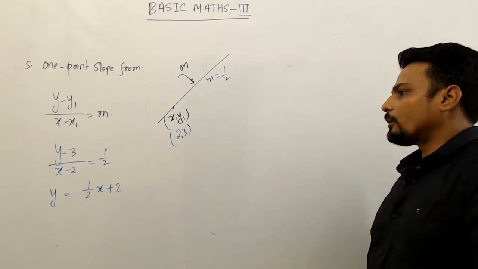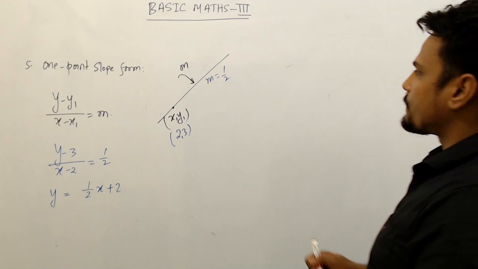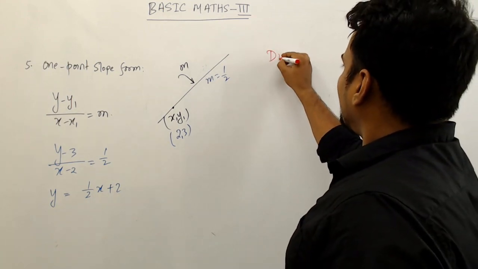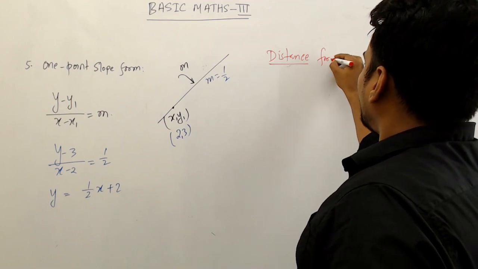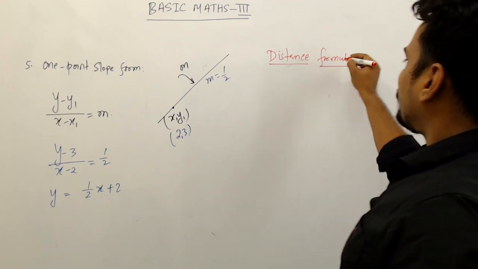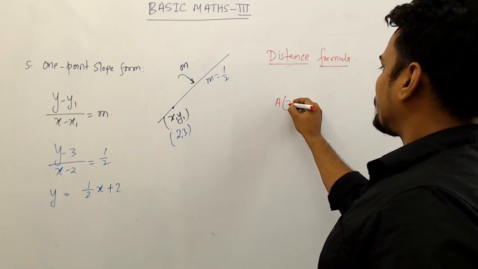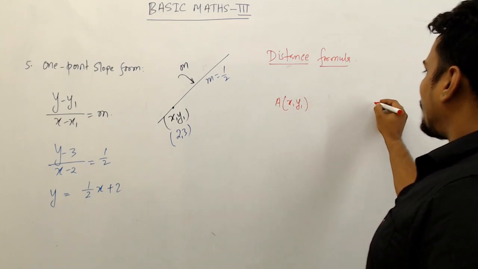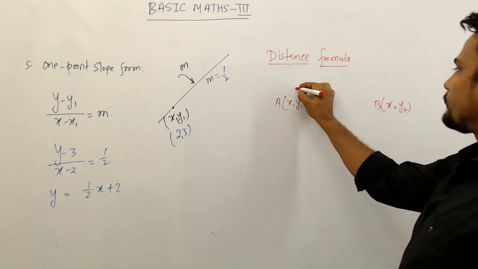Also, I want to add one more thing, that is called the distance formula. If I have two points and I want to find the distance between them, for example, I have the point A with the coordinates (x1, y1), and I have the point B with the coordinates (x2, y2).